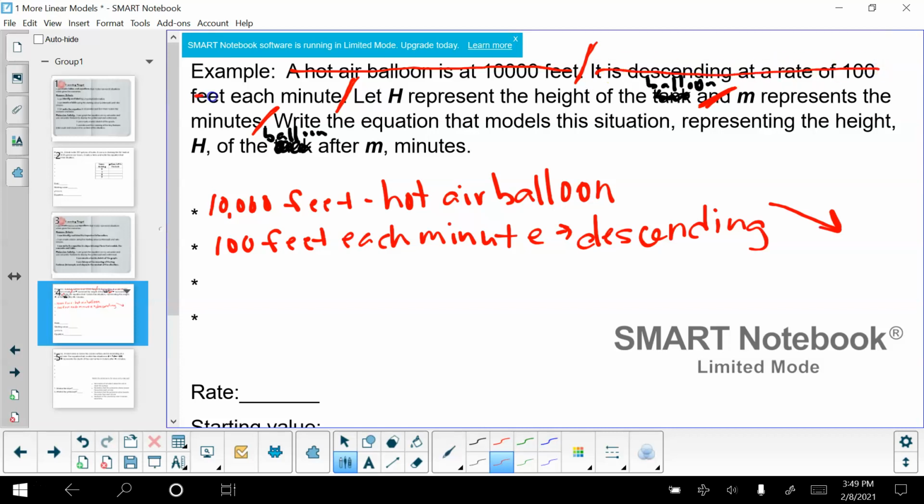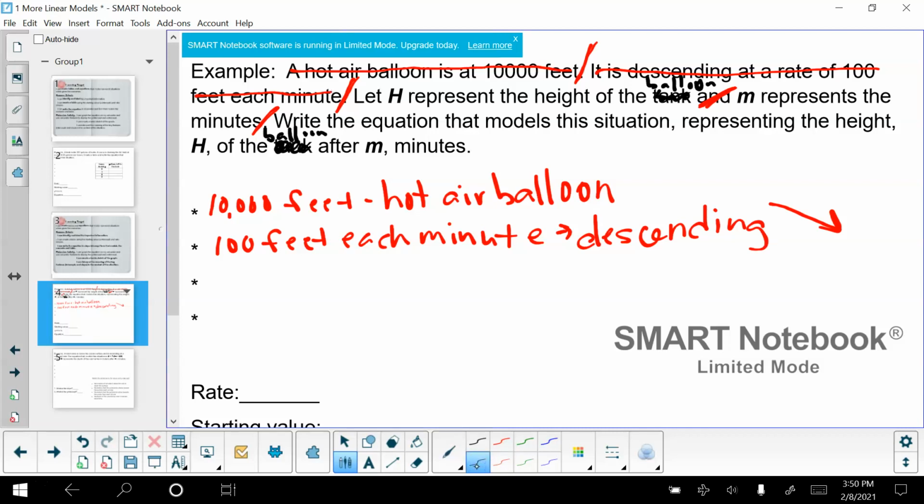So when you find those clue words that indicate a direction, either going up or going down, increasing or decreasing, or ascending or descending, it is important to include those in your important information that you're writing down from the scenario.